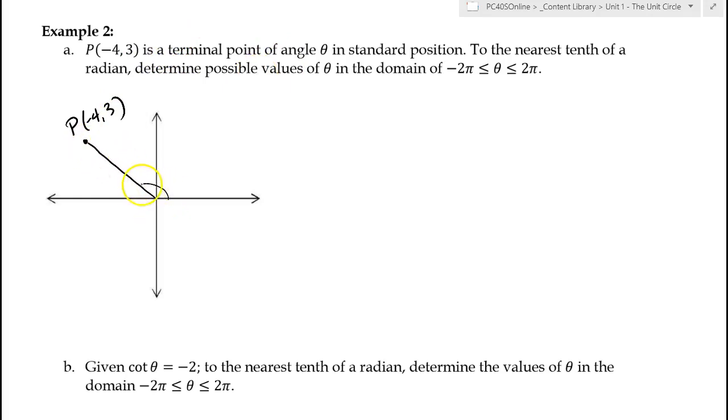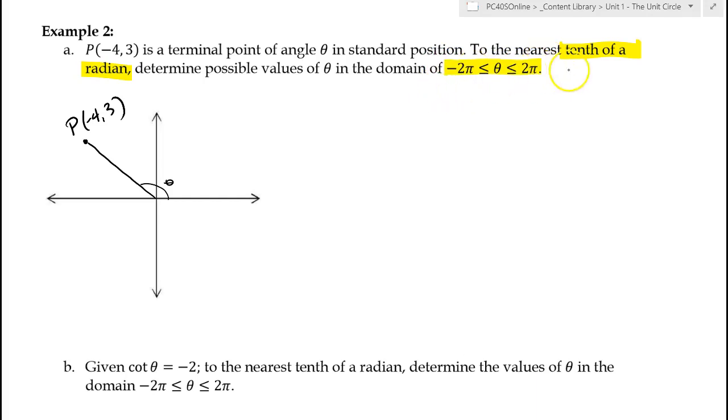So theta is, again, always measured from 0 degrees in standard position. To the nearest tenth of a radian, so again, they're telling us where to round it to, determine possible values for theta in the domain of -2 pi to +2 pi.